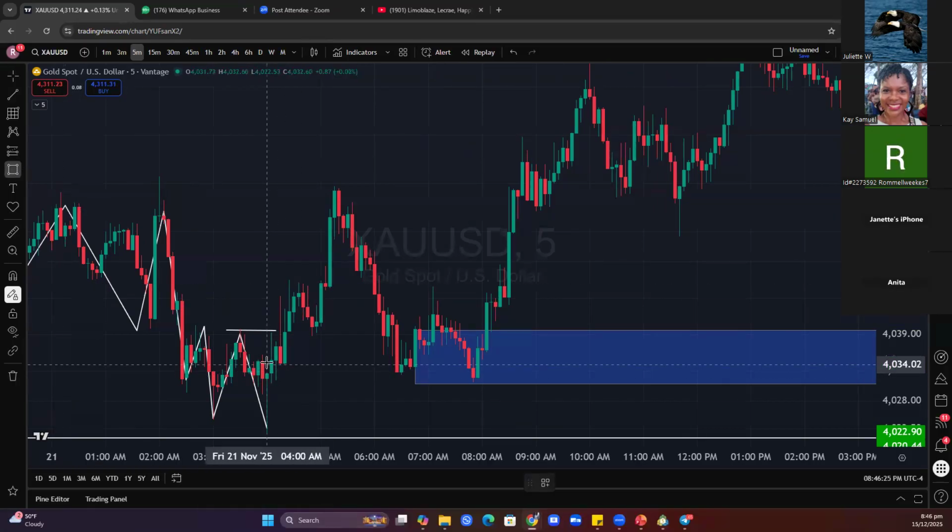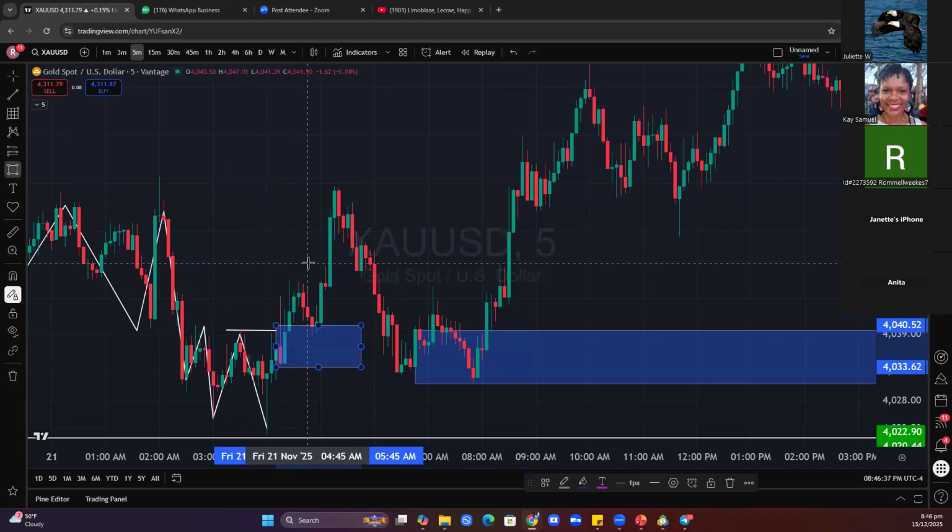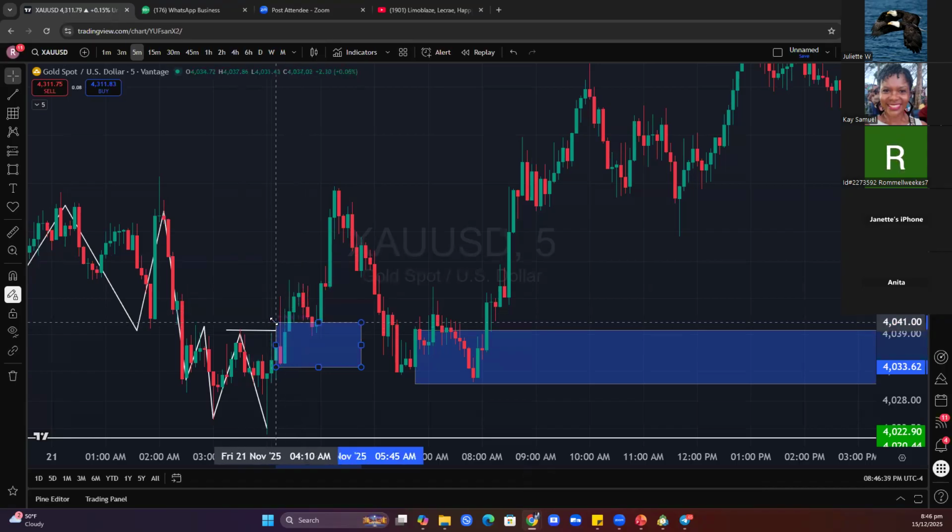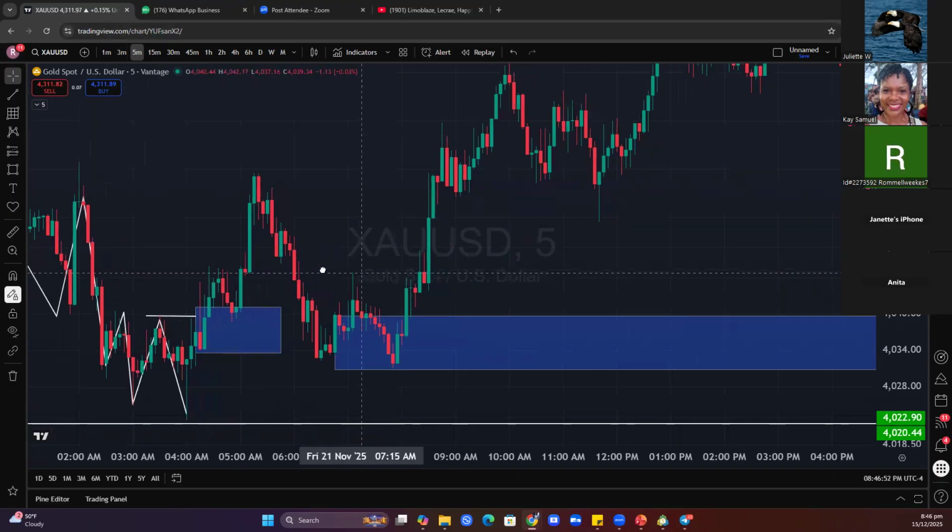But basically we want to see here, see how we got price push above. These three candles, boom, price pushed above, broke above this lower high. And then we're looking for price to basically trade back down within this area here. This is one of those scenarios that, to see everything, we probably might have to hit a 3 minute time frame, but I don't want to go that deep for you guys.